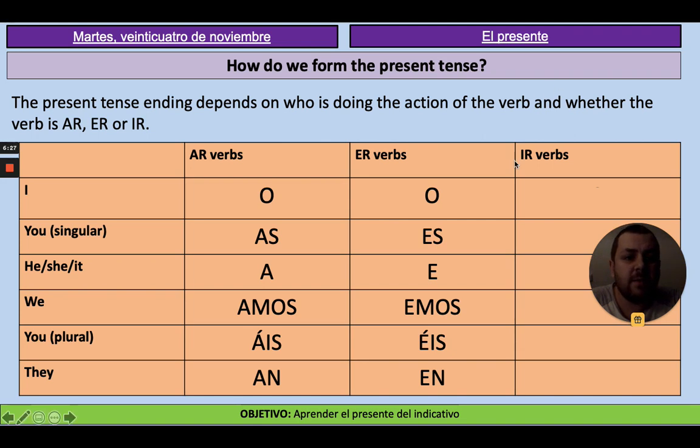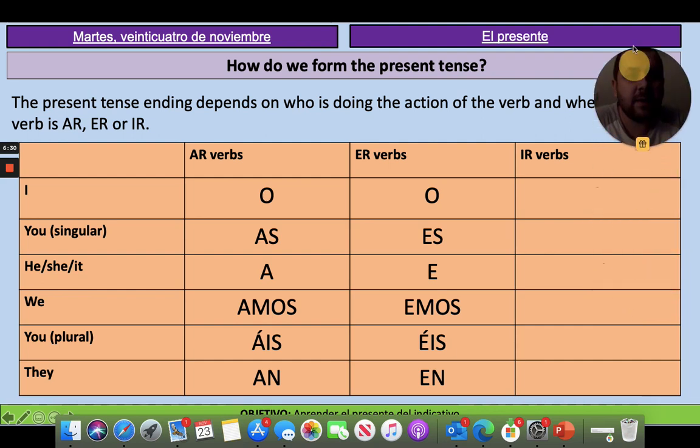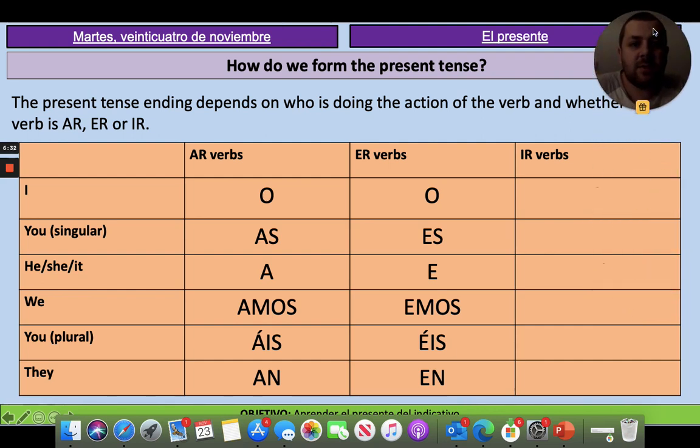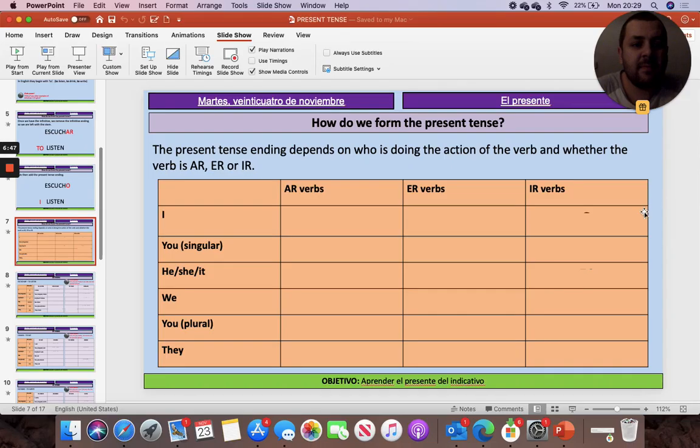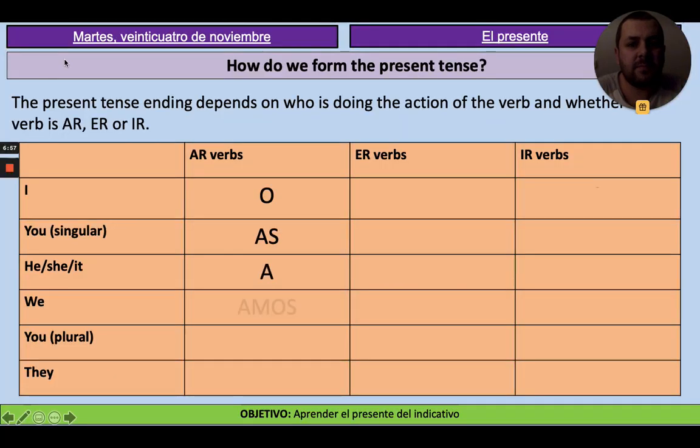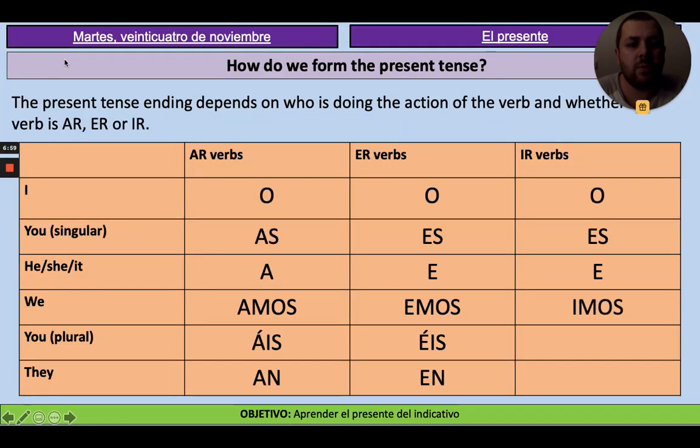Okay, for IR verbs, I'll just move my face out of the way there. So for I is, again, you guessed it, o, you singular, es, he, she, or it, e, we, imos, and then you plural is is, and they is en.